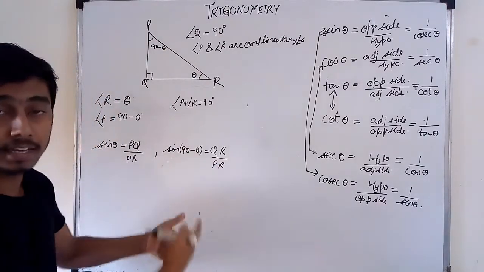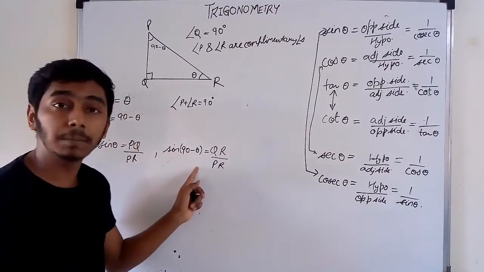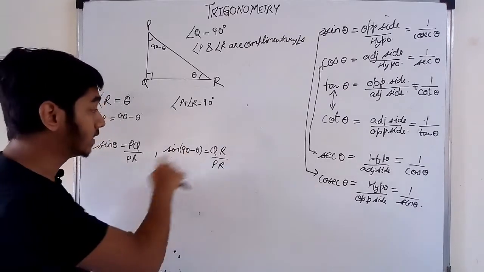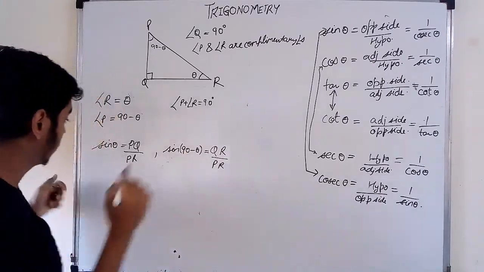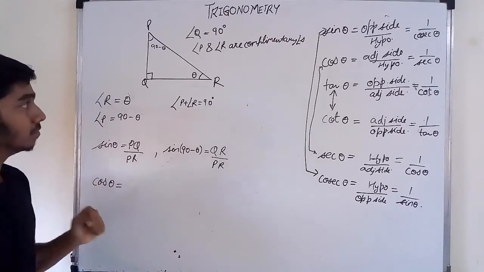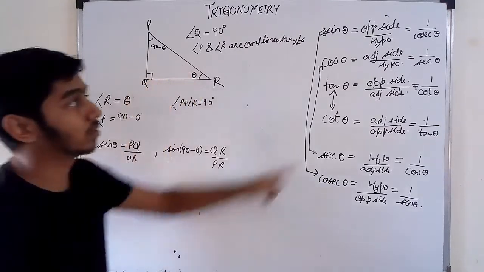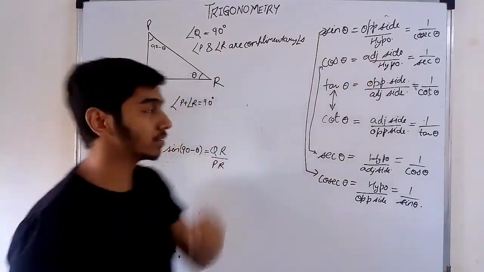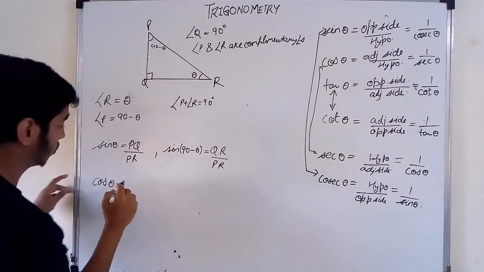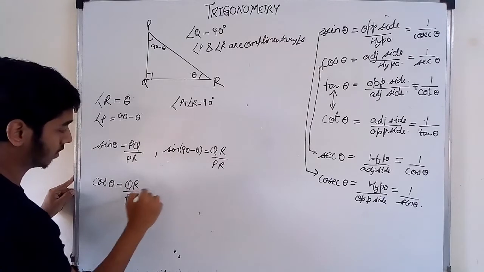Let's keep finding sine, cos and tan of theta and of 90 minus theta, and let's see the relation there. Cos theta is what? This is theta here. Cos theta is adjacent side upon hypotenuse. Therefore adjacent is QR upon hypotenuse PR, so this is QR upon PR.